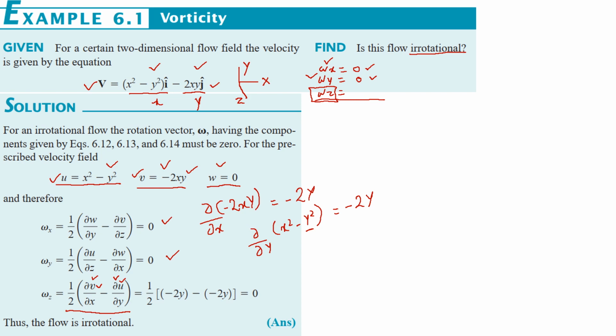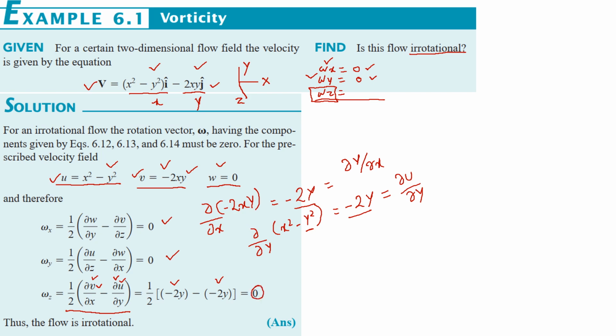So these are our two terms: this is partial v over partial x, and this is partial u over partial y. Now we put these terms, minus 2y and minus 2y, into the equation, and what we get is 0.